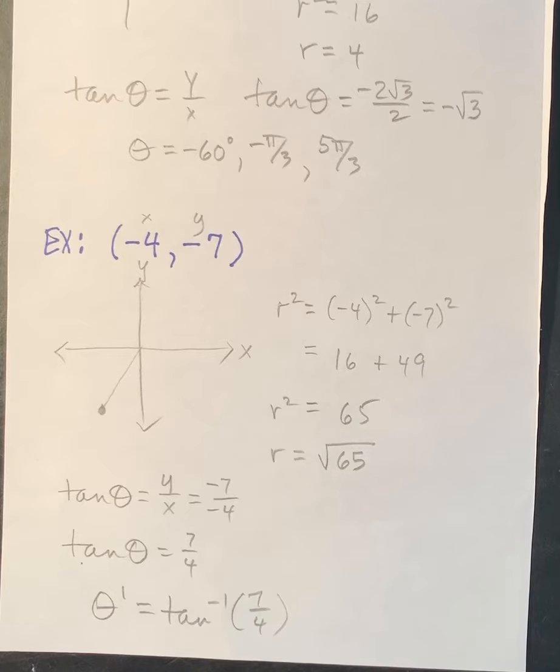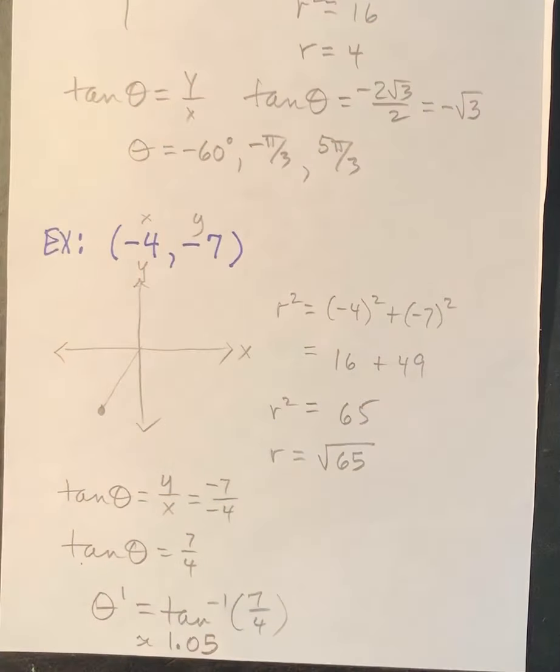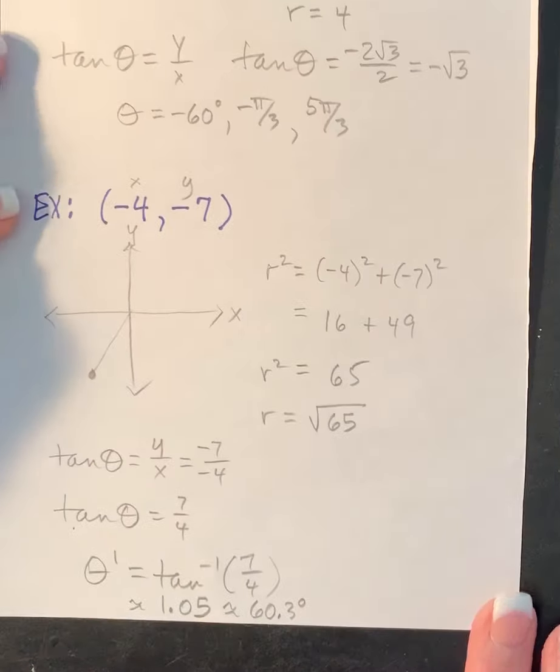Okay, so if I do inverse tangent of 7 divided by 4, that's going to give me in radians 1.05. If I do that in degrees, that would give me 60.3 degrees. Okay, so 7/4 is positive, so this is giving me a quadrant 1 angle.